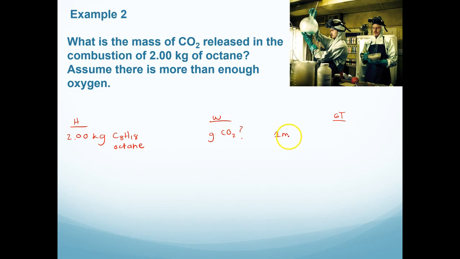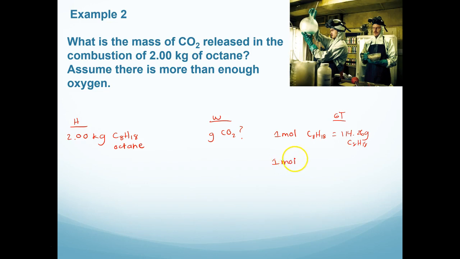For every 1 mole of octane, let's make sure we have the right formula, C8H18, it is going to weigh 114.26 grams. Okay, we need to do the same thing for CO2.